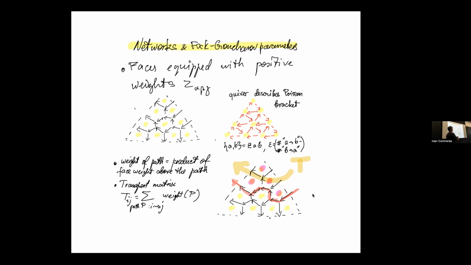So the trigonometric R matrix in terms of these parameters looks like that: if A and B are parameters, then the bracket between A and B is equal to epsilon times A times B, where epsilon is just the number of arrows going from A to B minus the number of arrows going from B to A. And arrows are of two different types. There are usual arrows, and there are dashed arrows. Dashed arrows correspond to the weight 1/2. So epsilon is equal to plus or minus 1/2 if the arrow is dashed.